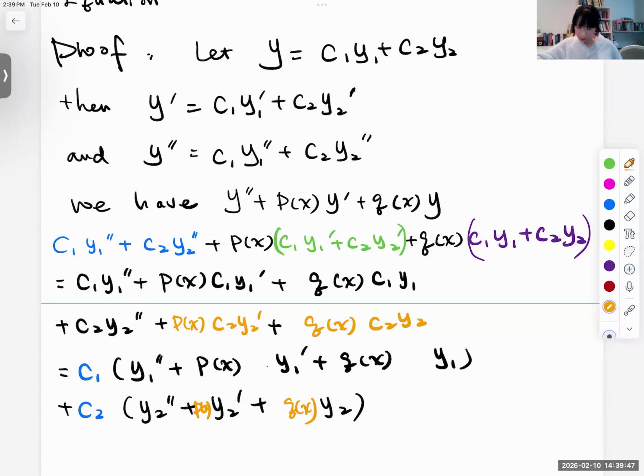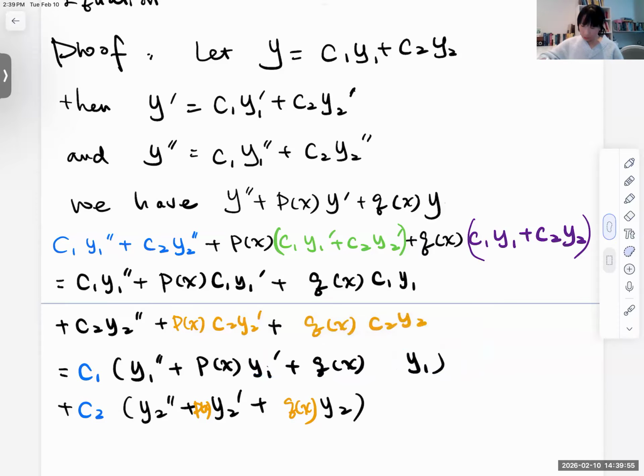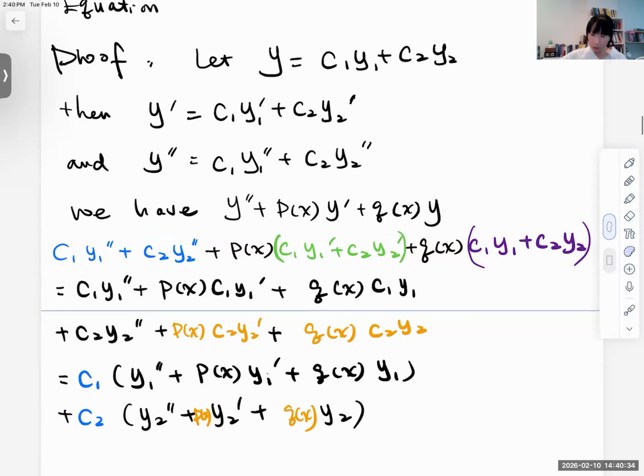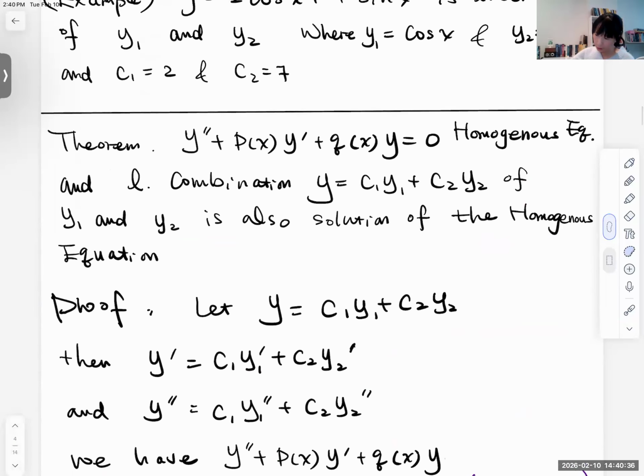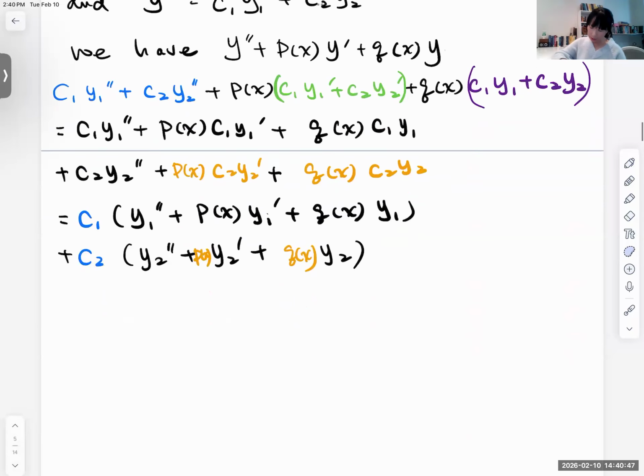Okay, then look. This one, we've seen this one before, right? They said in the beginning we have this form is a homogeneous equation. So let me copy down this one.